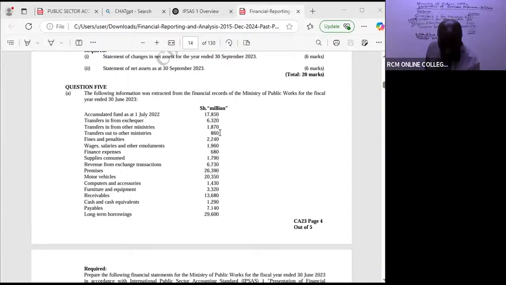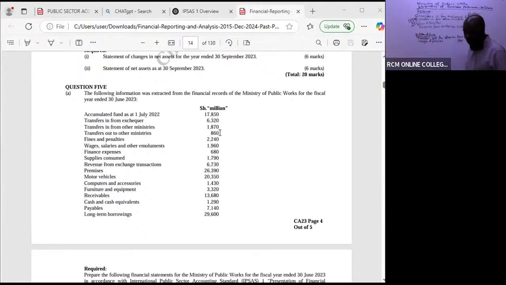How much is that? We have here 860. Then we have wages and salaries. Wages and salaries, we have 1960, the year that I was born.